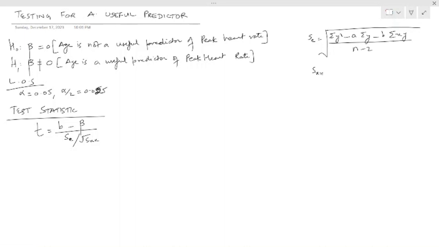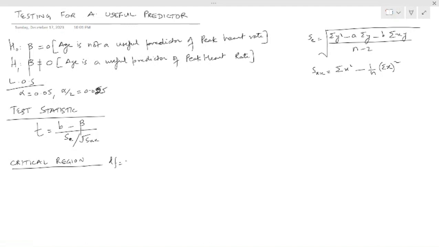Now the formula for SXX is summation x squared minus 1 upon n times summation x whole squared. This is just the numerator of the variance formula that we call the shortcut formula. Now, as we know, the associated degrees of freedom for this particular application are n minus 2.